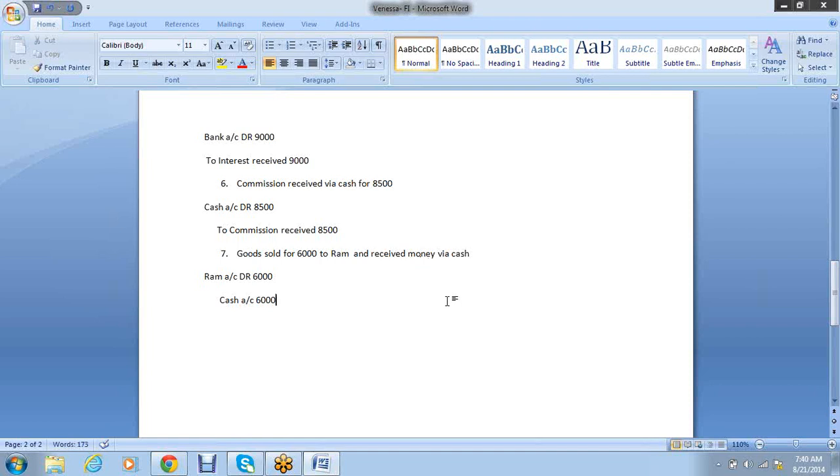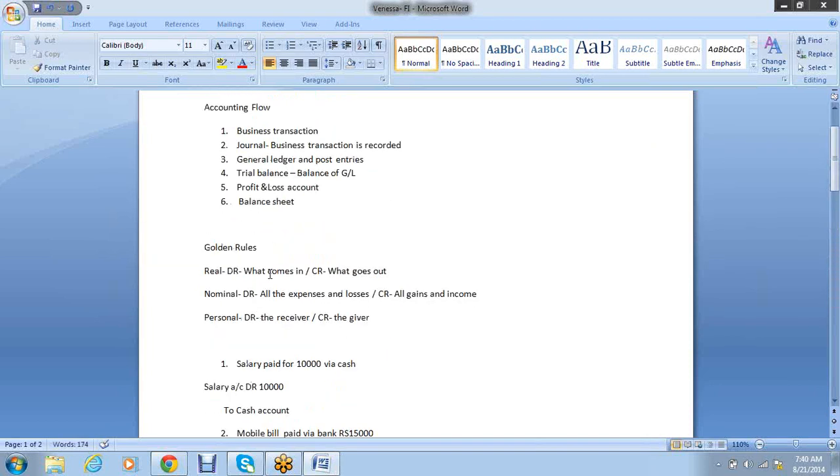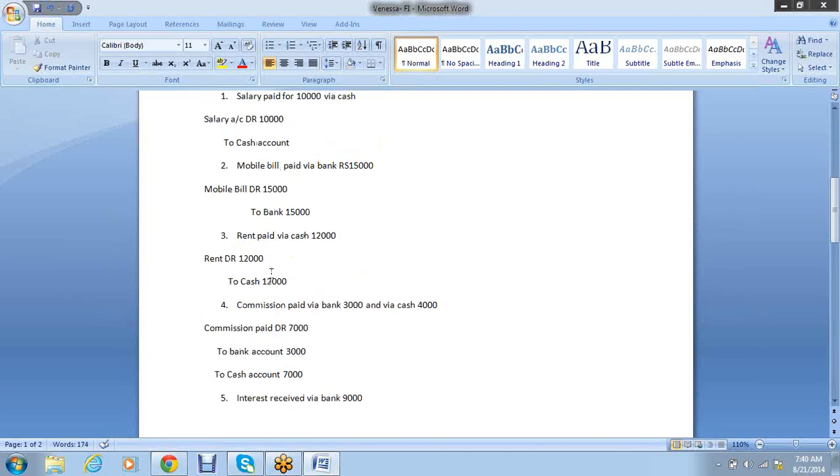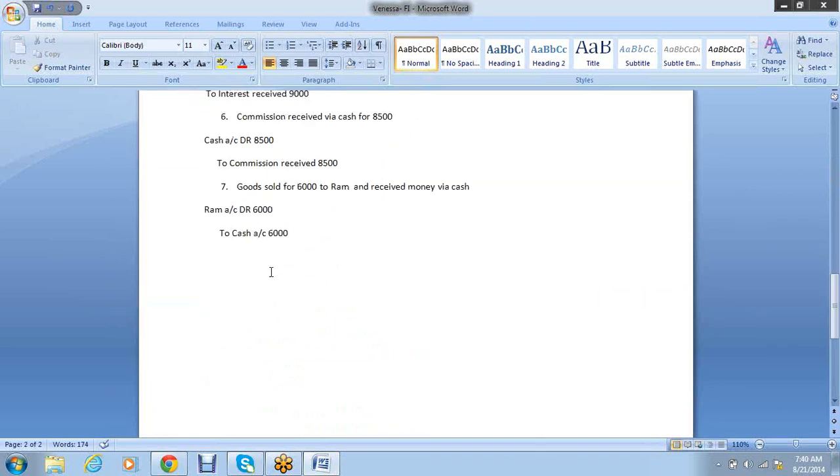So I sold the goods, correct? So my cash is coming in, and what comes in should be a debit, correct? My goods is going out, cash is coming in, and Ram's account is also there.